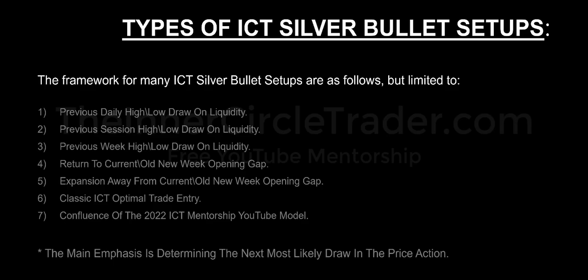Or if you're bullish, you would be looking for an inefficiency above current price action, which would be many times in the form of a SIBI, or sell side imbalance, buy side inefficiency, or a variant of fair value gap above current price action. So you could treat that, or as I mentioned, all the previous ones above, all of them being equally available in terms of probability if it is in the market at the time.